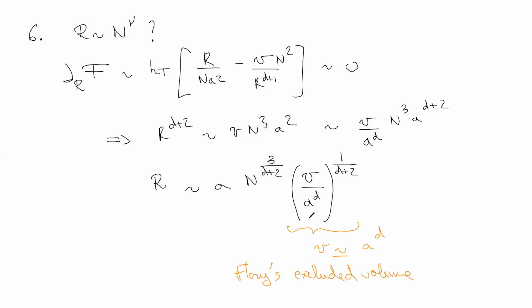And therefore, this term, you could say that at first sight is something which is of order unity, doesn't evolve much. So in a sense, you are left with something like that, which is interesting because it resembles what we had last time. R goes like a, the monomeric size, times N to the power nu, with nu being equal to this guy.